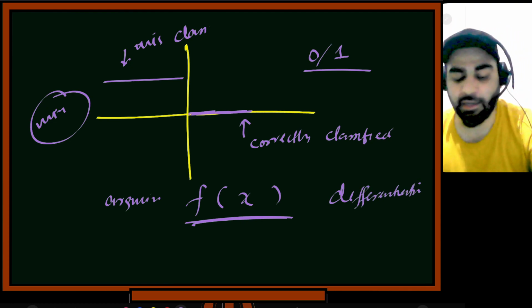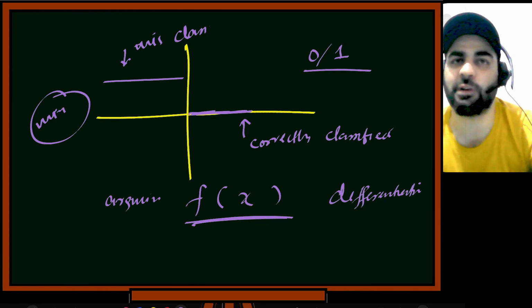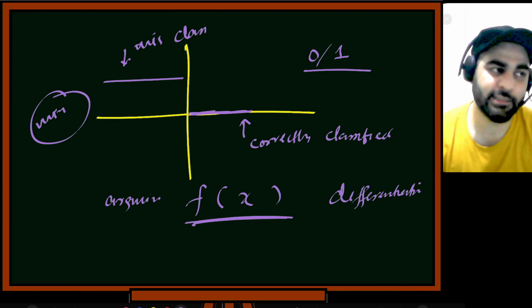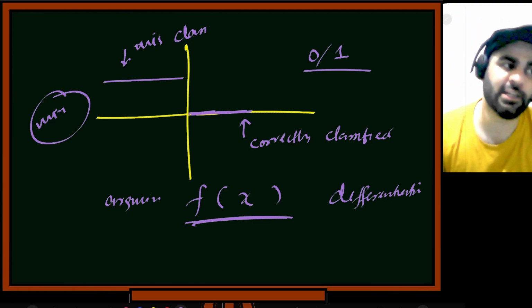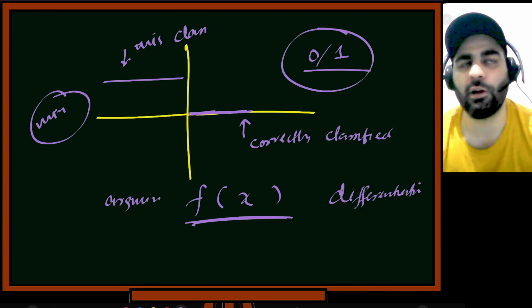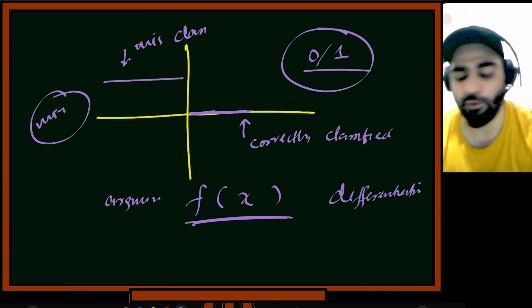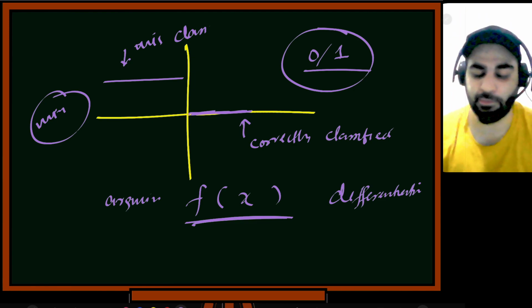But here, this function is discontinuous, it is not a continuous function, so it won't be differentiable. That's why we have been discussing differentiability, limits, continuity. If a function is continuous, only then will it be differentiable. So this function is not good, because it is not continuous, it won't be differentiable. So we'll try to find a function which is differentiable and then compute the loss.